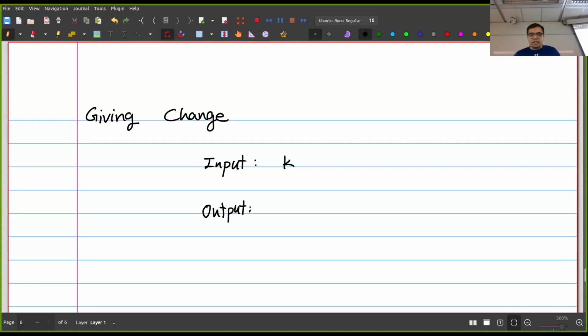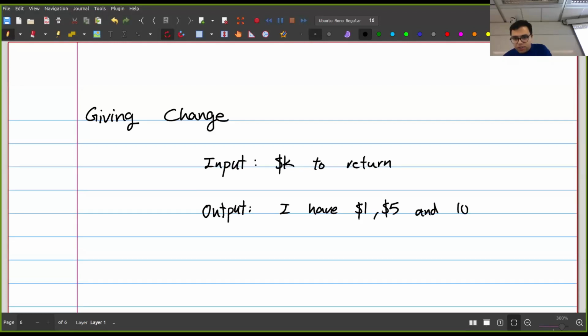So let's say that I want to return K dollars. And for now, let's assume that the coins that I have are denominated as $1, $5, and $10. So those are my coins. So let's say I have $1, $5, and $10 coins.